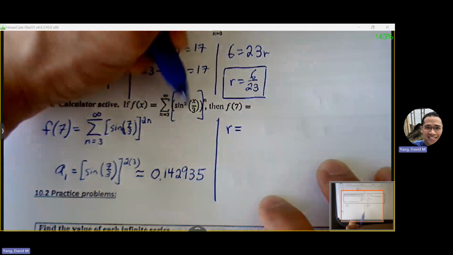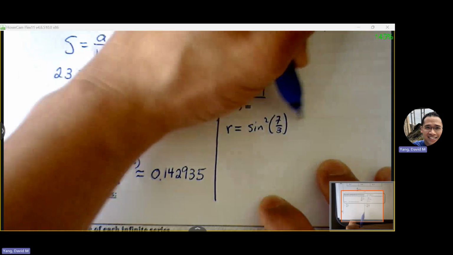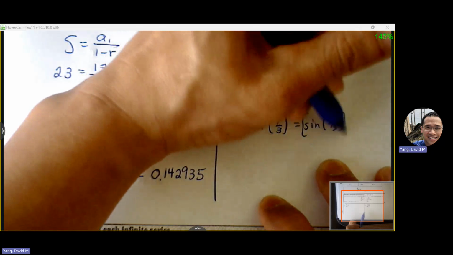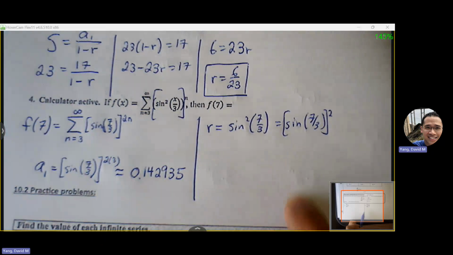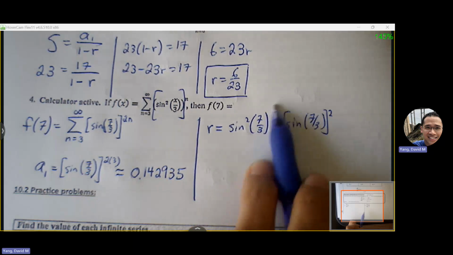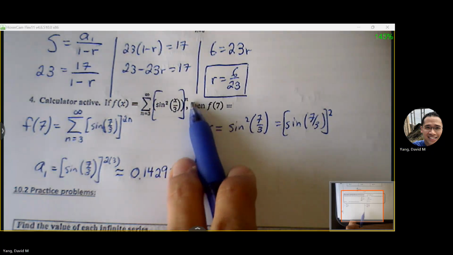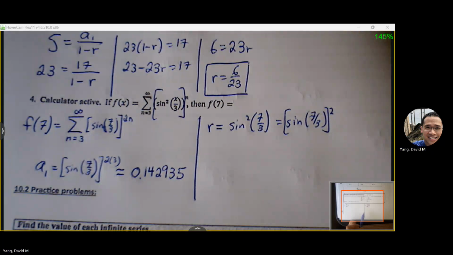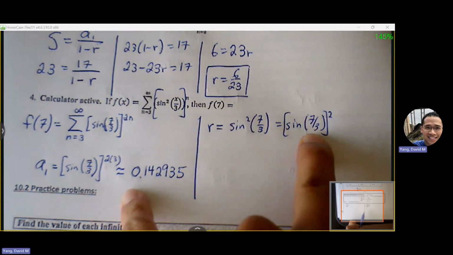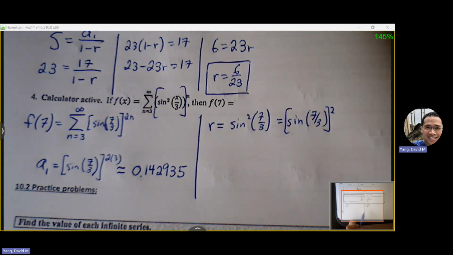So my ratio, I can rewrite that sine squared of 7/3 as sine of 7/3 squared, just to make it a little bit easier to plug in, since most calculators are not going to be able to write it in this exponent form. So we know that this is my ratio, since this is my r to the n. We find the decimal value associated with that r, and then we can use our calculator to find the sum using S equals a sub 1 over 1 minus r.